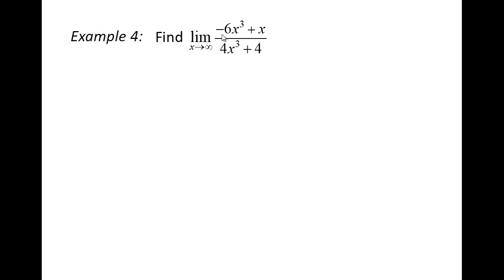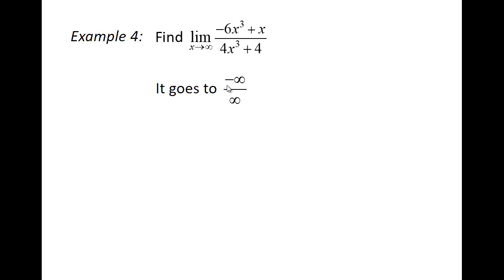So when x is big, we can say that the limit of the numerator is... okay. So when x is big, the behavior of the numerator is the same as the behavior of the leading term, and the behavior of the denominator would be the same as the behavior of the leading term as well.